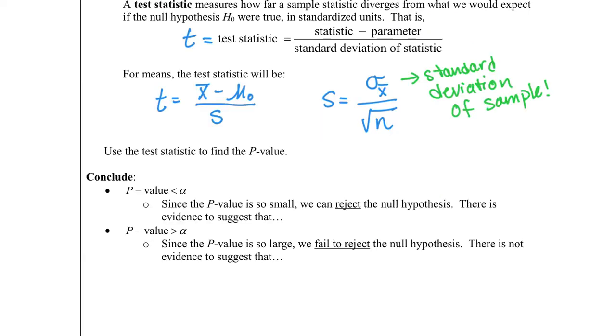We're going to conclude with the p-value in one of these two statements. If our p-value, the probability of our sample, is less than our set alpha, then it's so small we need to reject the null hypothesis. There's evidence to suggest that, and we want to make sure that is in terms of your alternative in context.